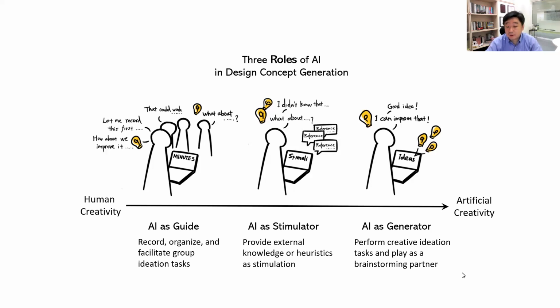Secondly, AI can be used as a stimulator to provide external knowledge or structural heuristics to inspire human designers to generate better and more ideas. In the third case, which is the focus of this study, AI can just generate ideas using digital knowledge and computerized design heuristics. In that case, it presents full artificial creativity for concept generation. AI can play a role as a brainstorming partner in the design concept generation process. That is our interest in this research.